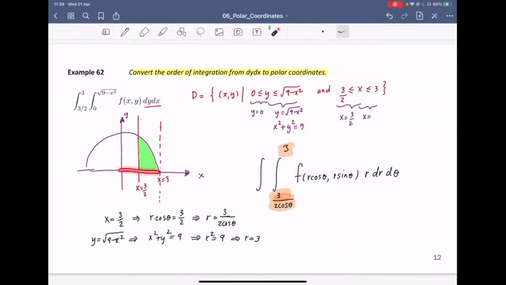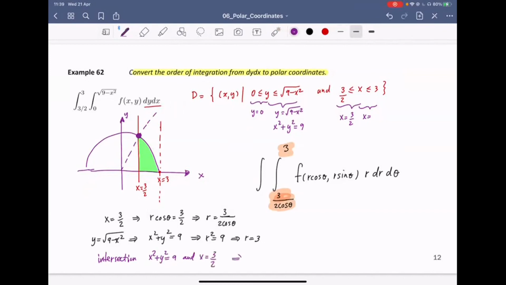And then the hard part is you need to find the intersection here, right? Because the intersection, the big point here, is the thing that tells you the range of theta. Let's find the intersection first. We have the circle, x squared plus y squared equal to 9, and x equal to 3 over 2.